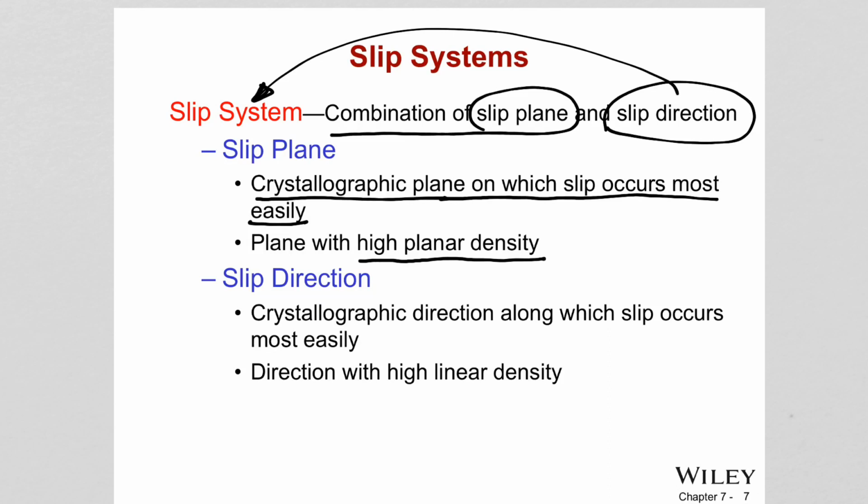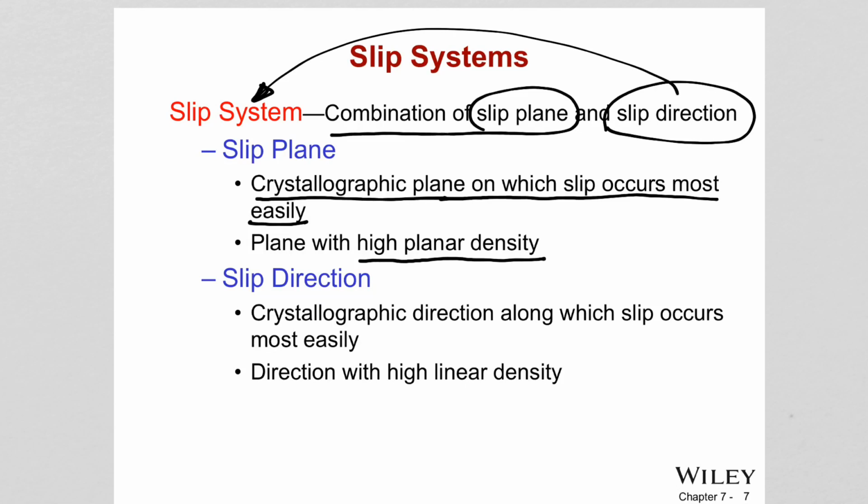In general, you need to know dislocations do not move with the same degree of ease in all crystallographic planes and in all crystallographic directions. They will prefer a plane and they will prefer a specific direction. The combination of the slip plane and the slip direction is our slip system.